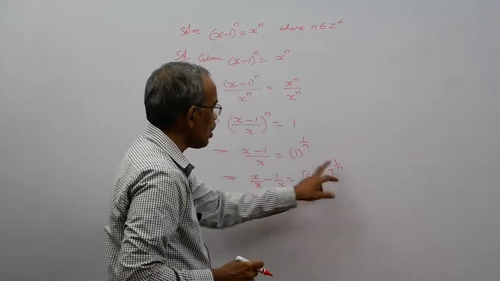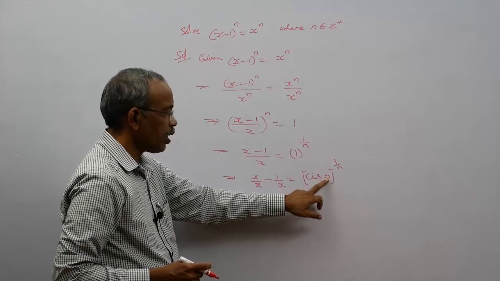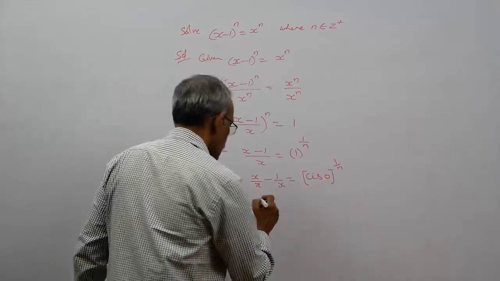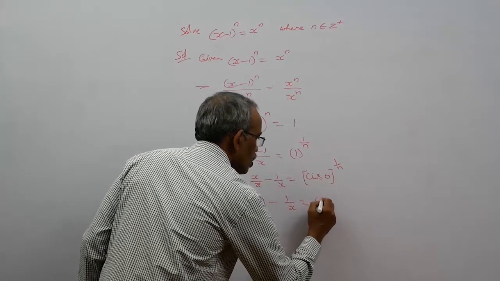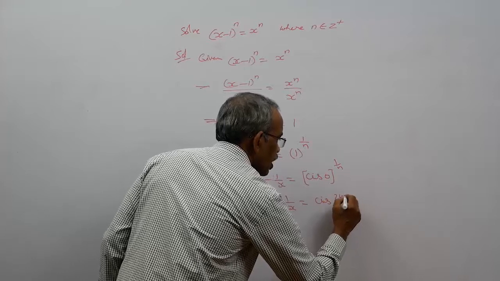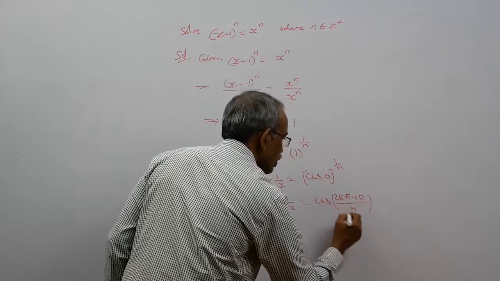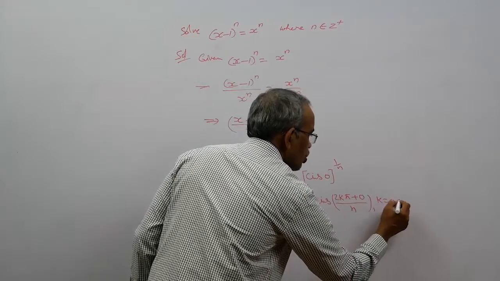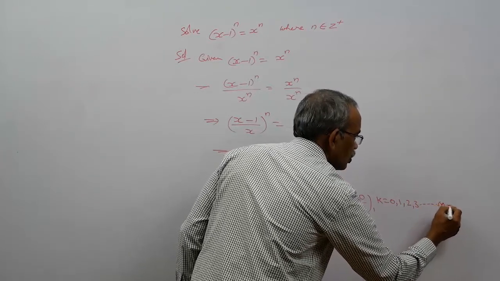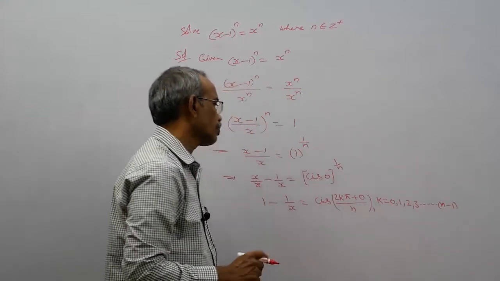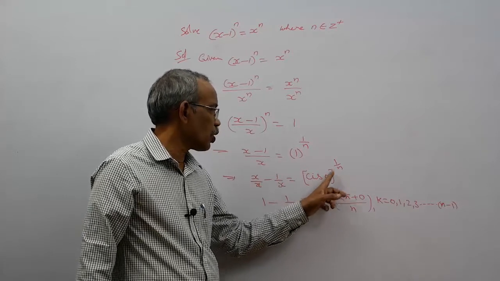To write the nth roots of unity, we have to add the term 2k pi to this angle 0. (x minus 1) by x is equal to cis of (2k pi plus 0) whole divided by n, where k equal to 0, 1, 2, 3, 4 up to n minus 1.